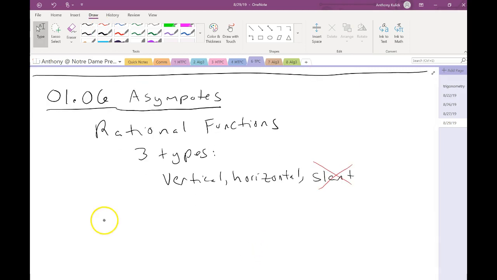When we talked about asymptotes last year, does anybody remember roughly the definition?